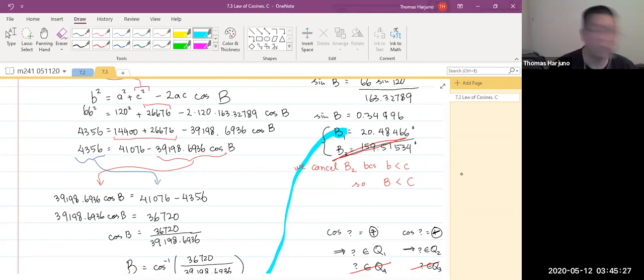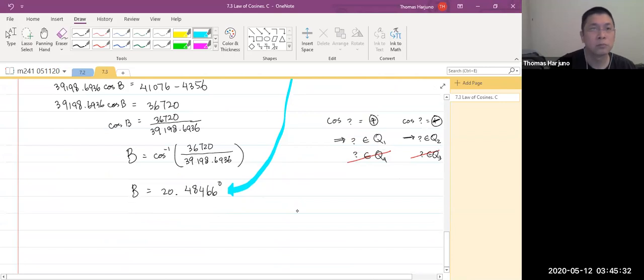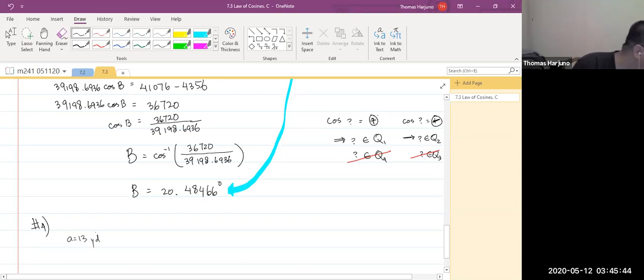Okay, now let's see, for example, number 4. Number 4, side A is 13 yards. Side B is 14 yards.